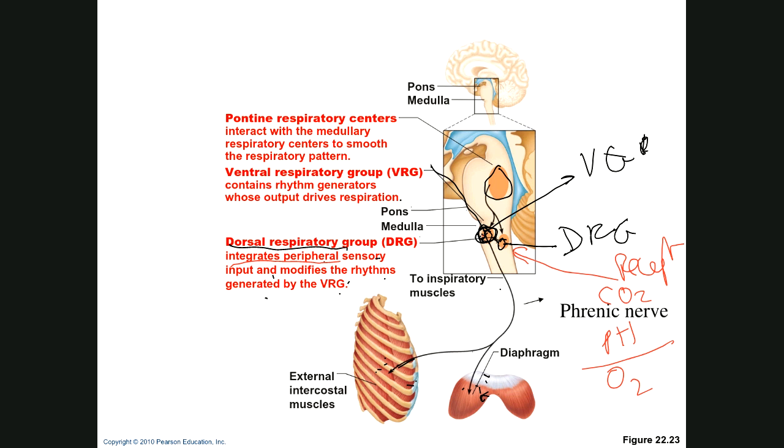Actually, that's the brain. The brain doesn't even receive information about O2, okay? It receives information about CO2 and pH, hydrogen ions. And depending on the information it is getting, as far as the levels of CO2 and pH, it will increase or decrease the respiratory rate. Okay. The pontine group is going to modify both the DRG and VRG. So it modifies the medullary respiratory centers.